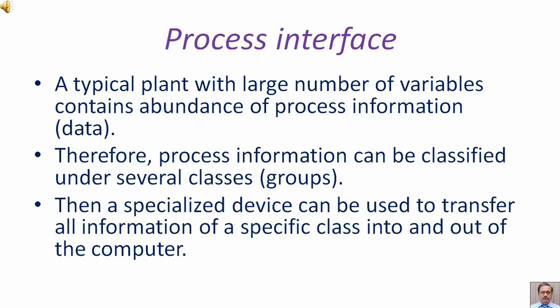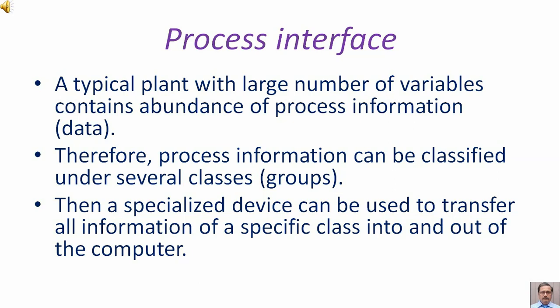Process Interface. A typical plant with a large number of variables contains an abundance of process information, that is, data. Therefore, process information can be classified under several classes or groups.